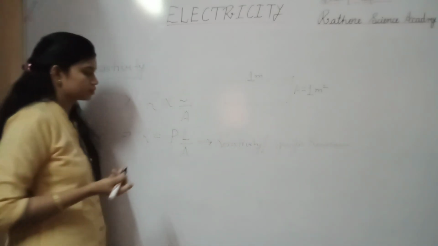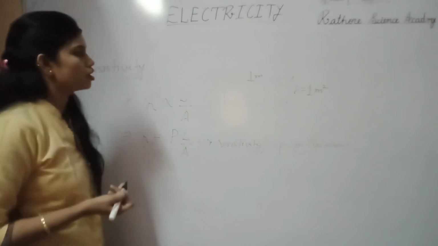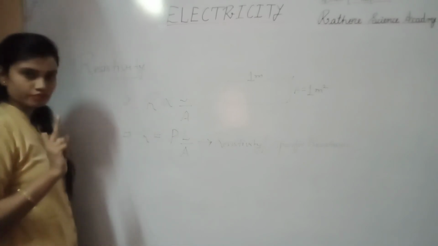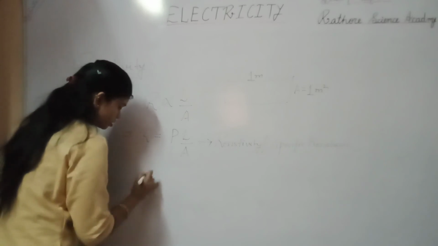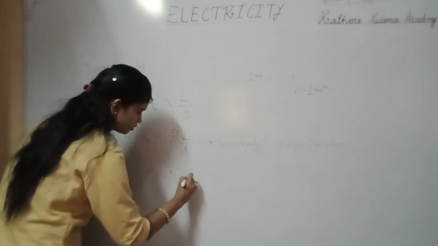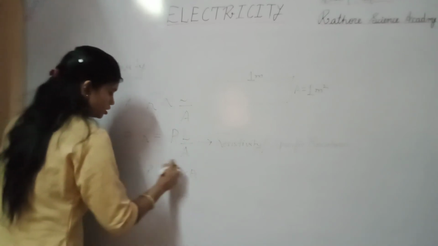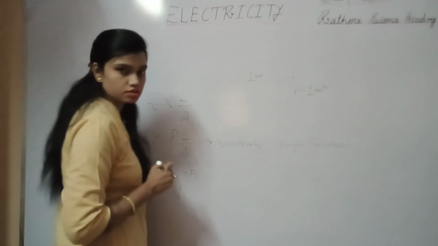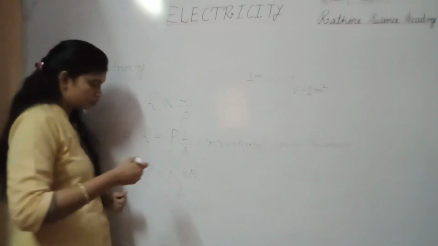Now see, R is equal to rho L by A. L we have taken as 1 meter. So one more thing: if I take rho to one side, it becomes R into A by L. With the help of this formula, you can find the resistivity of a conductor, and from this formula we can also get the SI unit of resistivity.